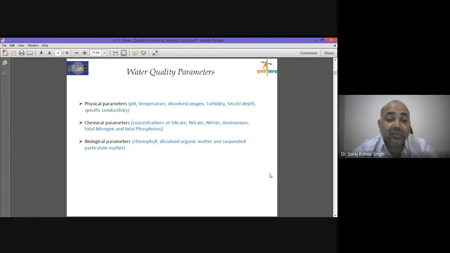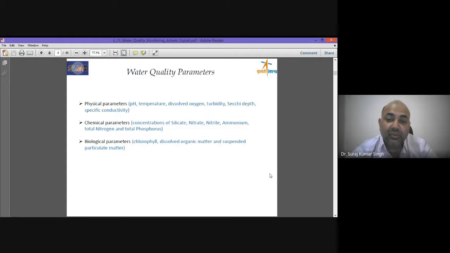When it comes to chemical parameters, what are the chemical elements contained in water? They are the concentration of silicate, nitrate, ammonium, total nitrogen, and total phosphorus. So whenever we are concentrating on chemical parameters, we have to calculate these features, and their readings have to be verified in the field.